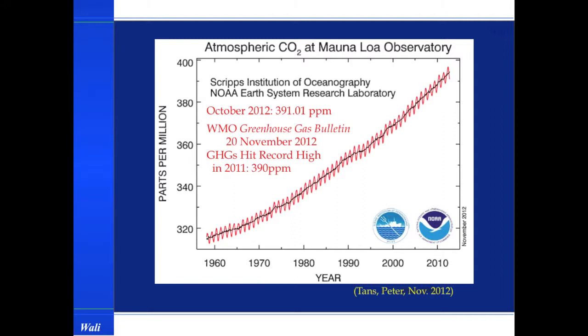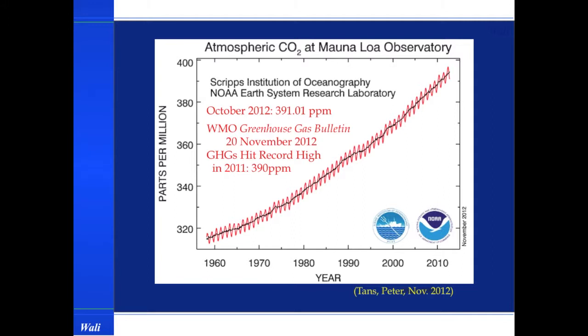I should warn you that this number of 391.01 is going to be lower when you see the results for the entire 12 months, because September and October numbers are generally low, and I have seen the actual data.